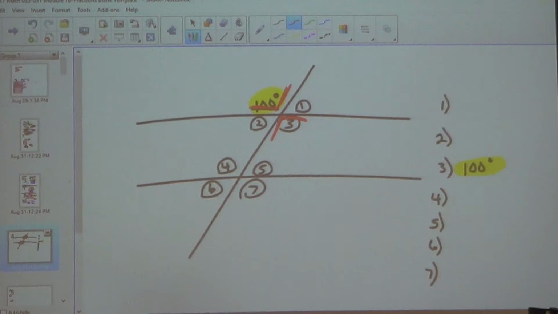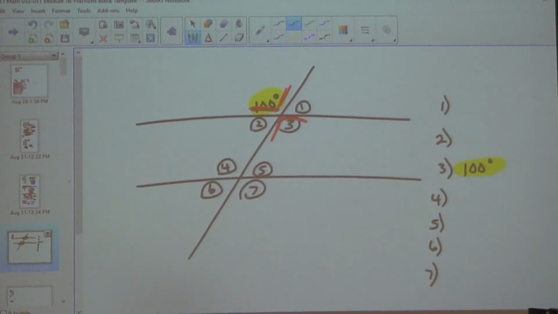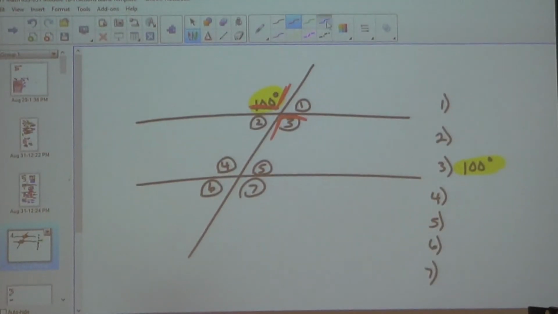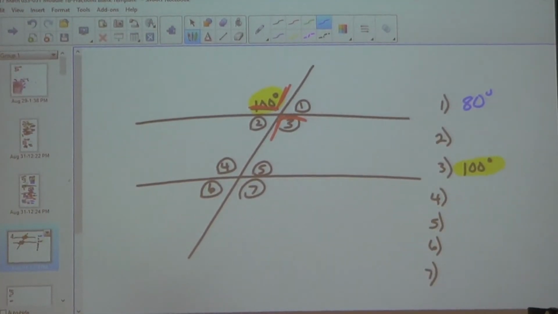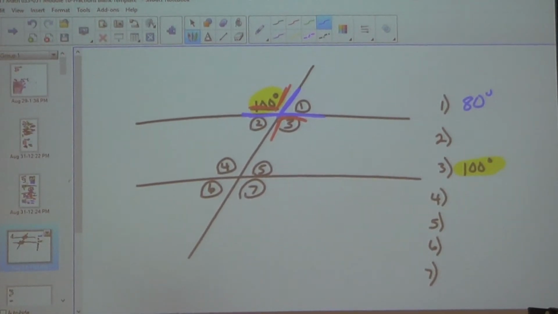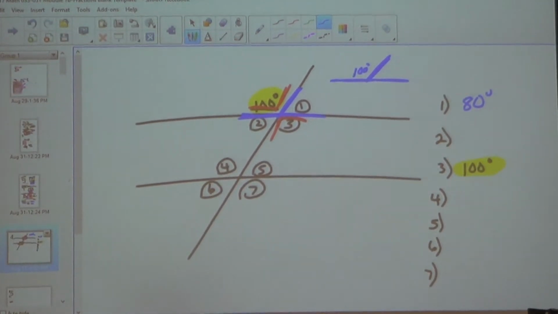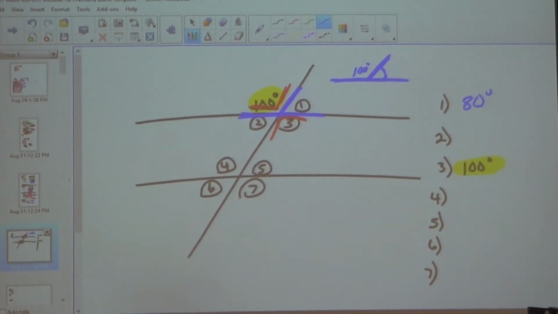Okay, now, tell me about angle 1. 80. Perfect. Angle 1 is 80 degrees. Look at just those two. Now come over here. Do you see that that was 100? Do you agree that 100 and that one make a straight line? Yes.